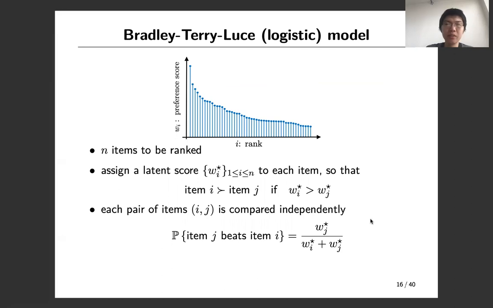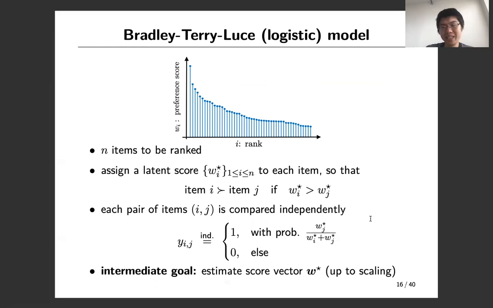Given such an underlying statistical model, the data we have are Bernoulli random variables Y ij. We use Y ij equal to 1 to denote the fact that j beats i, and 0 otherwise. Such a Bernoulli random variable follows the BTL model.